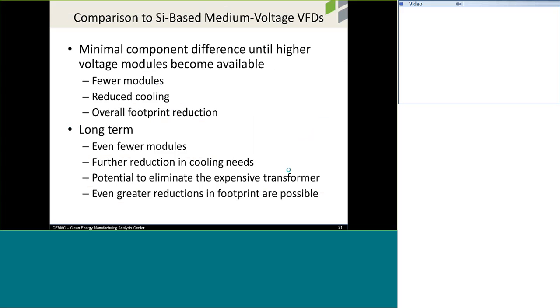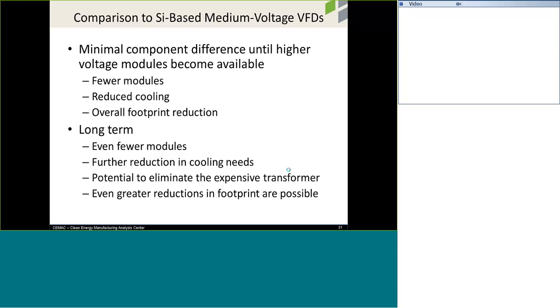Compared to if you were to try to use a silicon-based medium voltage drive, one of the big differences is you're going to have fewer modules that you need. You get to reduce your cooling. By reducing your cooling and needing fewer modules, you right away reduce the overall footprint of the drive. Long term, as they have better product development and more adoption, you're going to need even fewer power modules, which is going to further reduce your cooling needs.